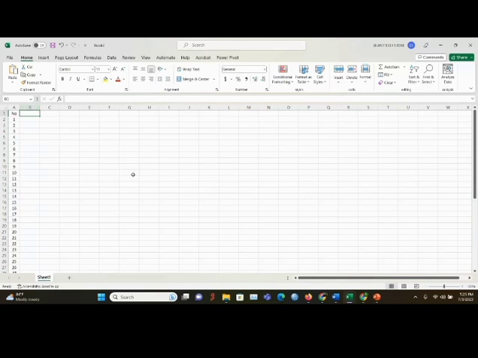Now, here's the secret, here's the trick. In Excel, you can create a random number. You type in the code RAND, open and close parentheses.